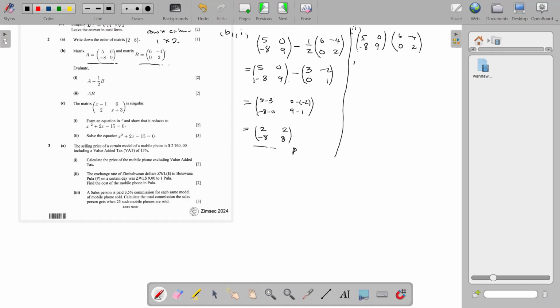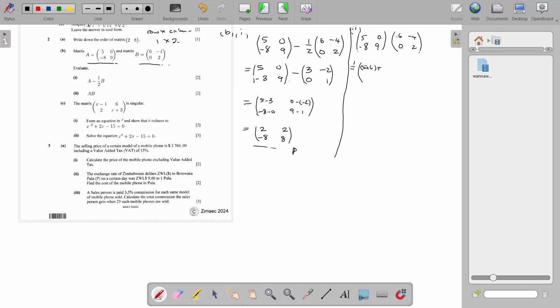So in this case, this row multiplies this column. So we are going to have our final answer as 5 times 6 plus 0 times 0.